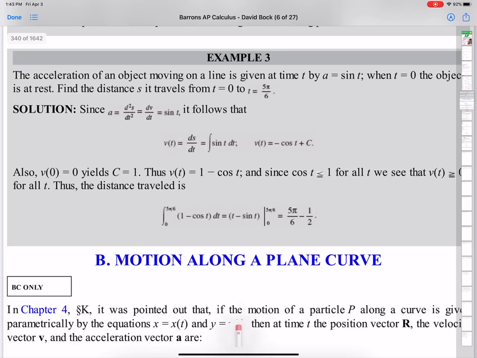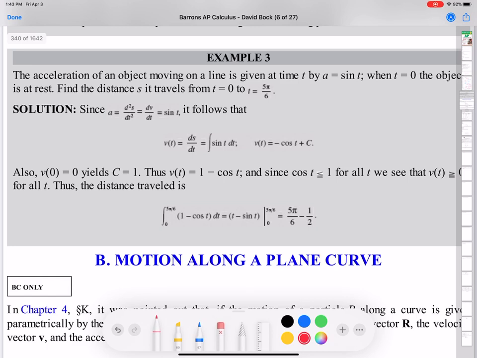The acceleration is given. An object moving on a line has, at time t, acceleration a equals sine t. The question is the actual traveled distance from 0 to 5 pi over 6.